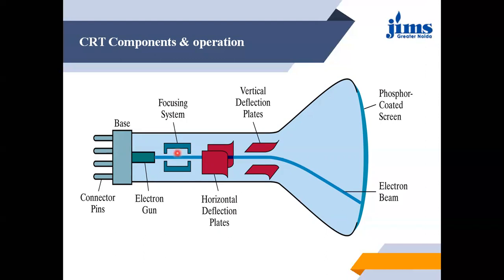Then there are two most important plates. By using these, the position of the object is decided. The first one is the horizontal deflection plate and the second one is the vertical deflection plate. The horizontal deflection plate moves the electron beam in the horizontal direction, whereas the vertical deflection plate moves the electron beam in the vertical direction.